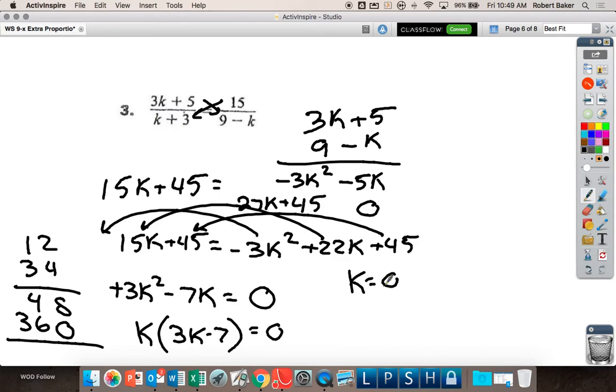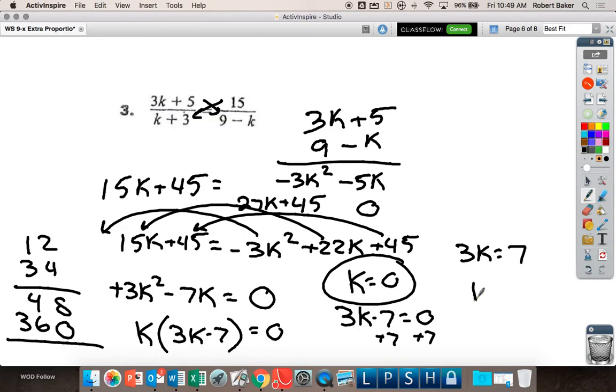And I have to solve 3K minus 7 equals 0. Add 7 to both sides. 3K equals 7, so K equals 7/3.